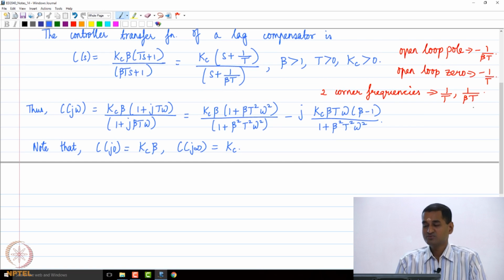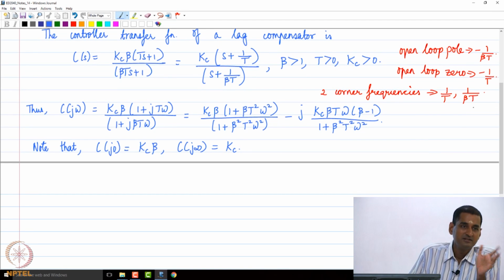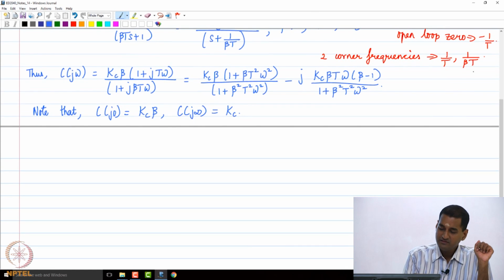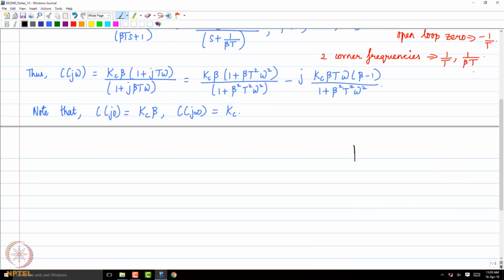So, you see that at either extreme the imaginary component is 0, and if you want to plot the Nyquist plot for the sinusoidal transfer function, what can you immediately observe as far as the location of the Nyquist plot is concerned?